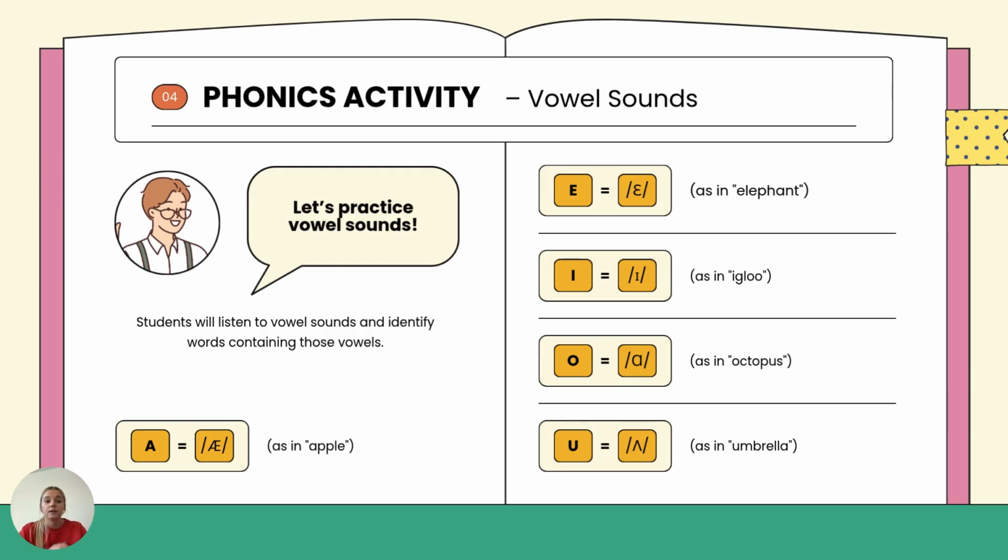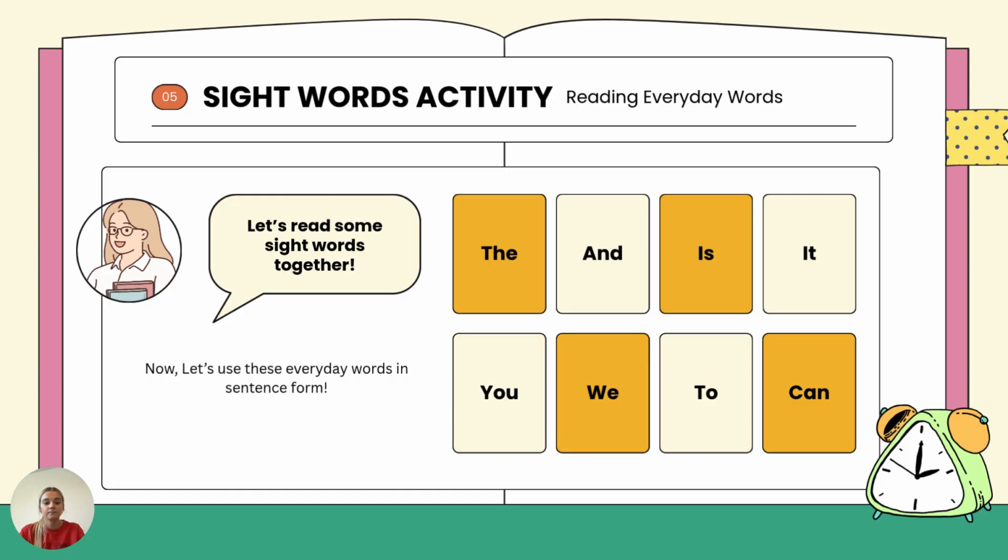We also hear E as in elephant, I as in igloo, O as in octopus, and U as in umbrella. And so sometimes these words get a little tricky because the pronunciations are different, but you will learn that in the future.